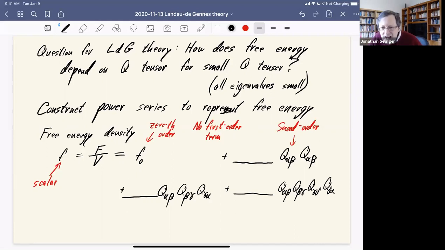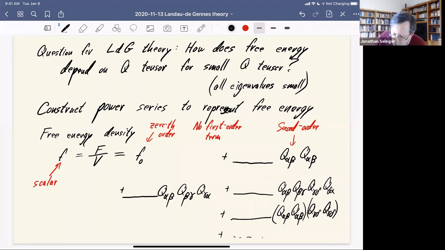That makes a scalar out of four powers of Q. You could also make a scalar by doing Q alpha beta, Q alpha beta, and then squaring that, or equivalently writing Q gamma delta, Q gamma delta, like this. Okay, so this is a second way to make a fourth order term. And of course, there are higher order terms as always.